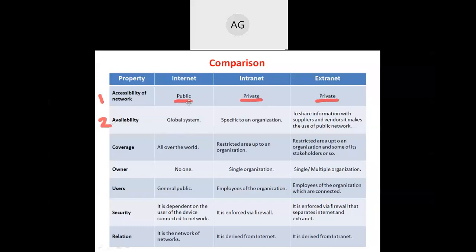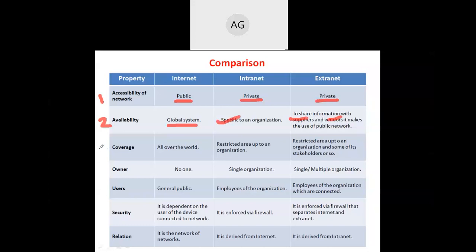In the case of internet, it is a global system, whereas intranet is specific to an organization. So every organization is using its own intranet. In the case of extranet, to share information with suppliers and vendors, it makes use of a public network.